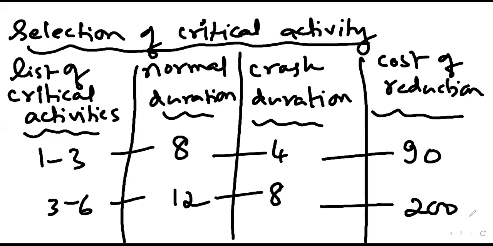Now, how do we select? On what basis to select the critical activity? Or how do we proceed ahead? How do we select one critical activity?